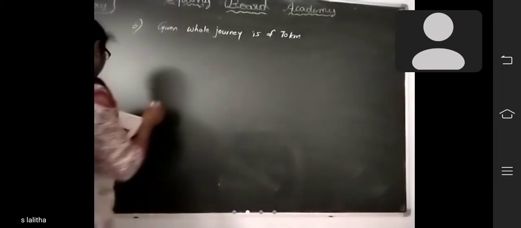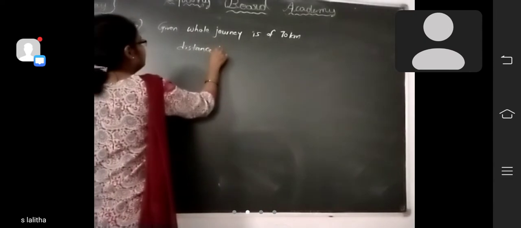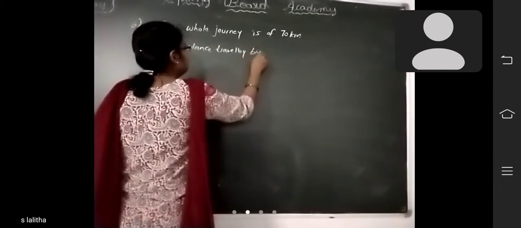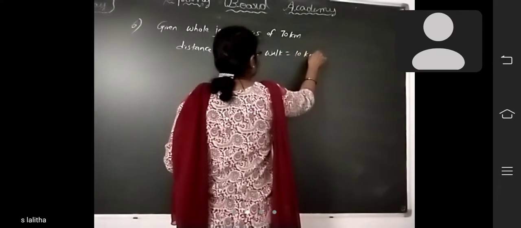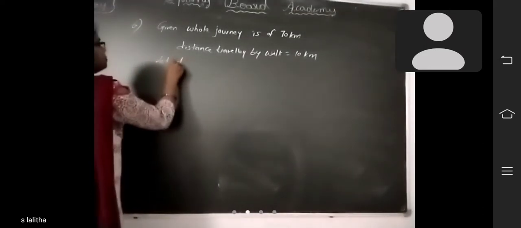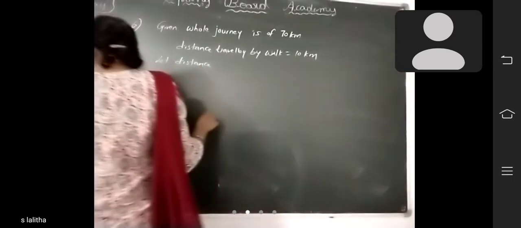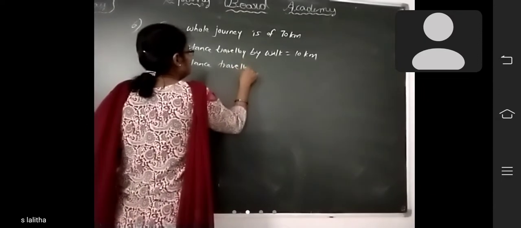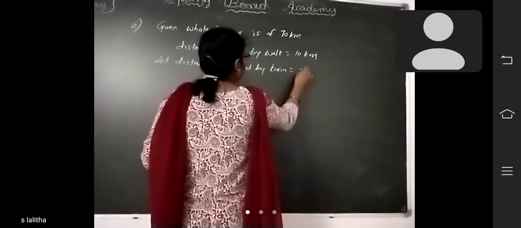A man walks, the distance traveled by walk, how much? 10 kilometers. Okay, next let the distance traveled by train equal x.